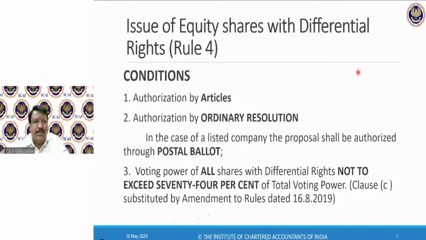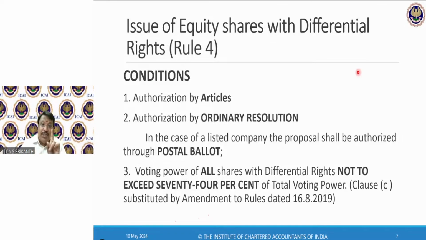See, in my example, let us say, I told you, 5 shareholders are there, right? Let us say that this company has 10 lakh shares. Out of 10 lakh, 1 lakh, 1 lakh, 1 lakh, 1 lakh, 4 lakhs. This fellow has 6 lakhs. So together the total voting power is 10 lakhs. Because if all of them vote for or against, how many votes will be cast on a poll?